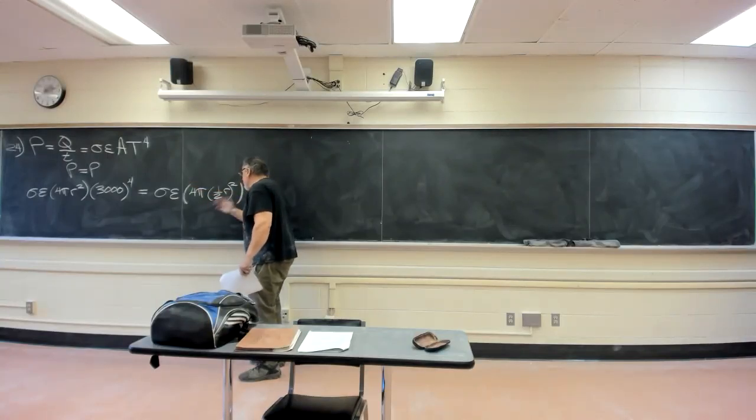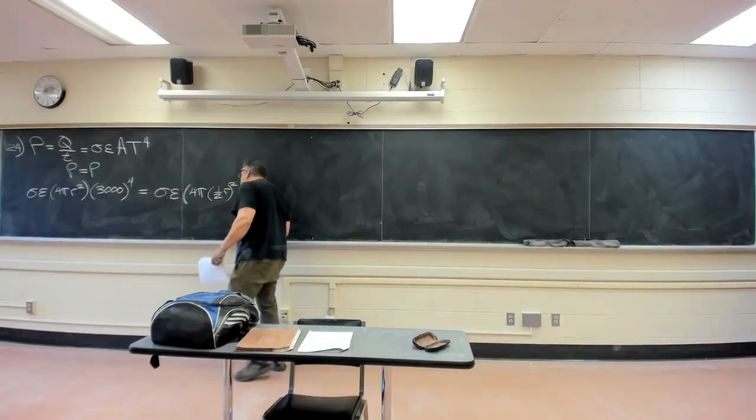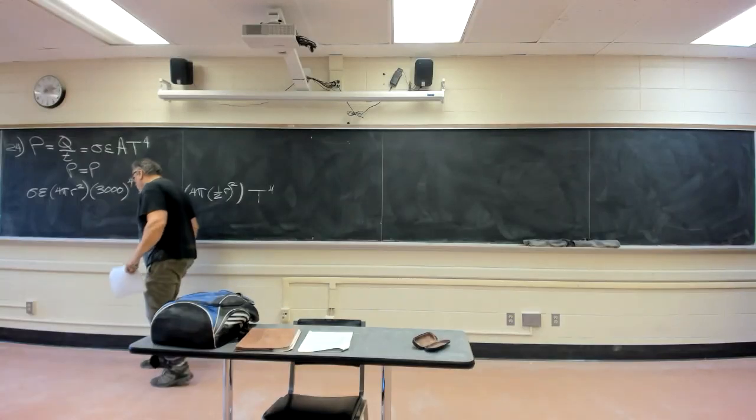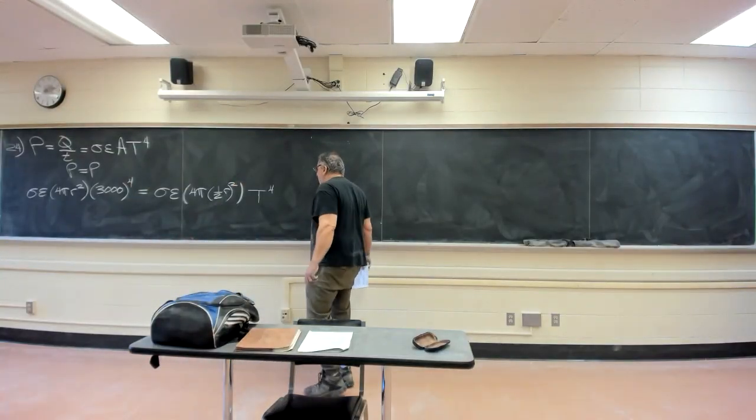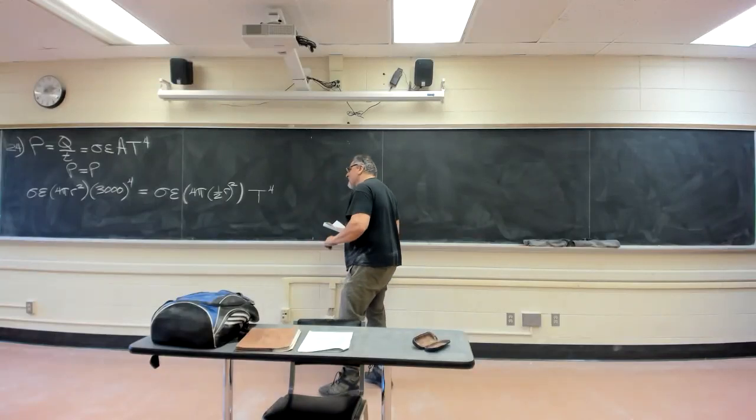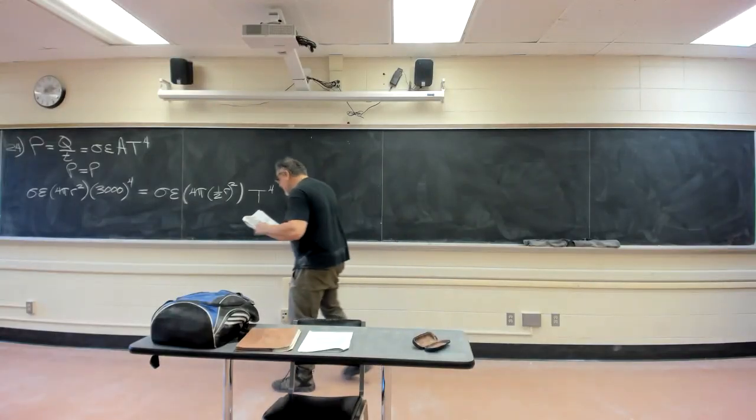When you square half, it's a quarter. If it's a quarter, this T to the 4th has to be bigger than this T to the 4th by a factor of 4. And if you get the 4th root of that, be careful. Let me not say too much here.